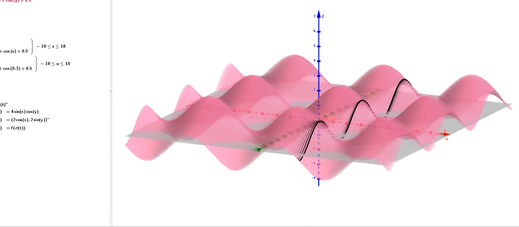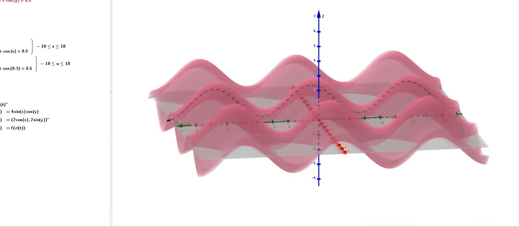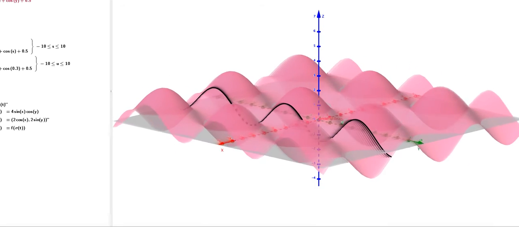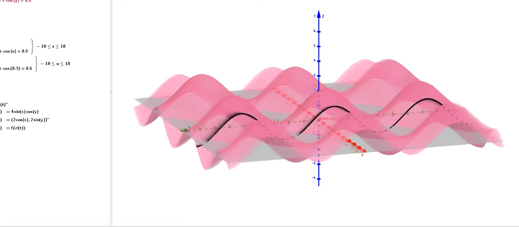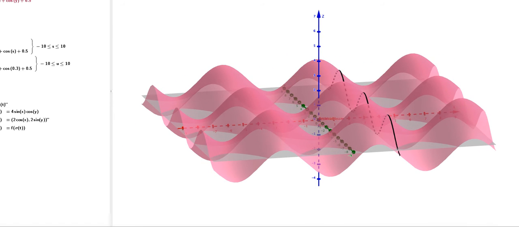All the points that lie on that black curve have exactly the same x-coordinate, but the y-coordinate varies, and that results, of course, in a different z-coordinate. Now I will change the number that the x coordinate of all those points on the cross section are equal to, and that would make this cross section move.